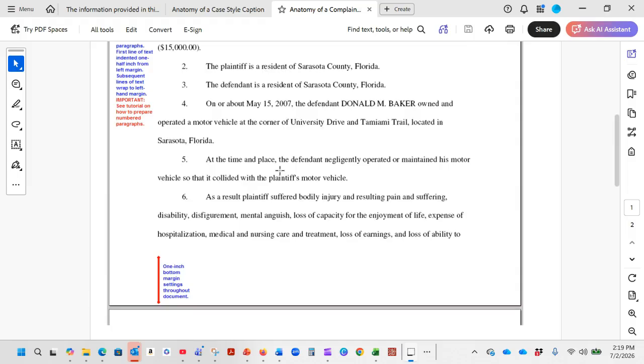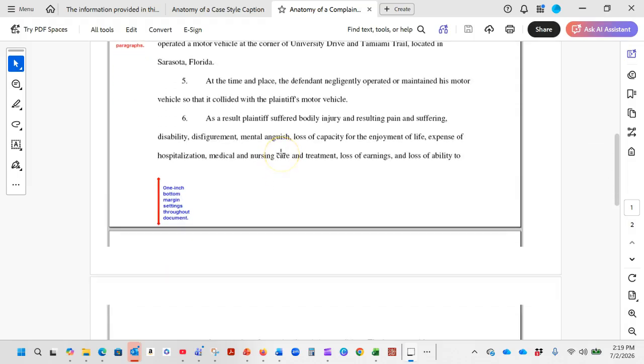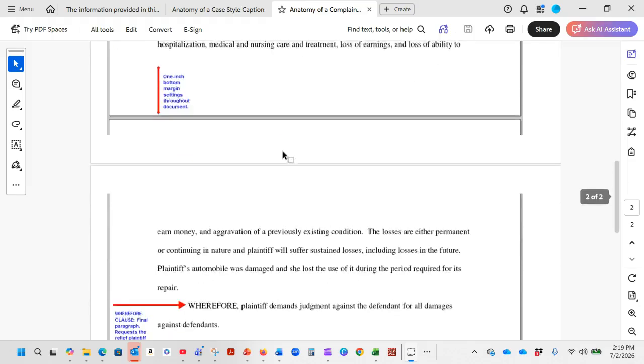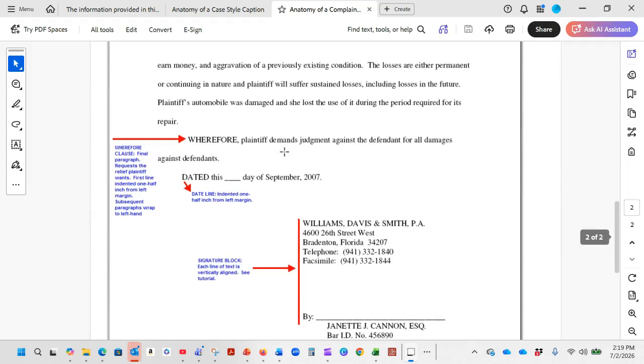He breached his duty when he negligently operated it, and the plaintiff incurred damages, which is a necessary requirement. All of those are necessary requirements for a negligence claim. And this is the prayer for relief. Wherefore, plaintiff demands judgment against the defendant for all damages.